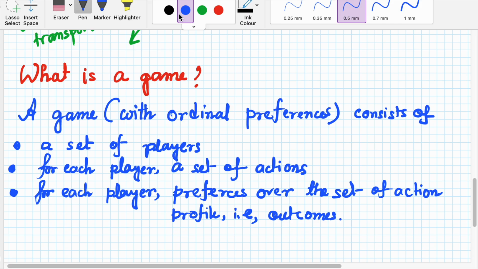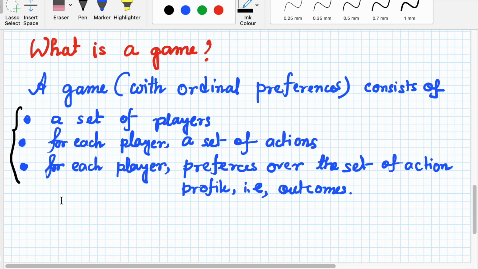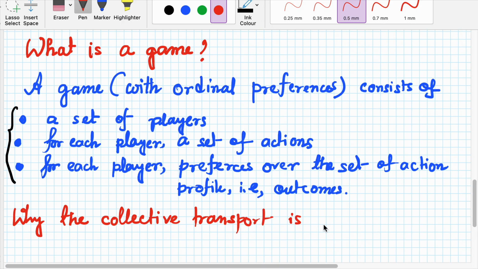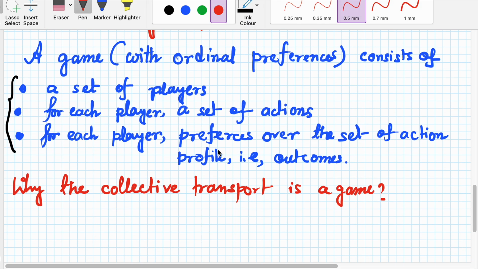So first let us discuss why the collective transport of the ant is a game. Does it contain a set of players?